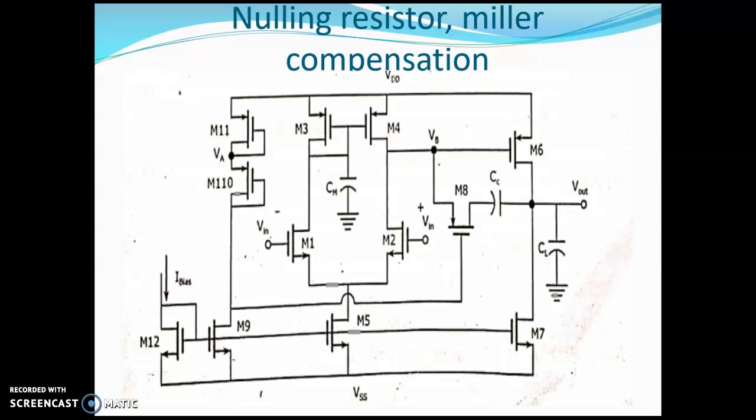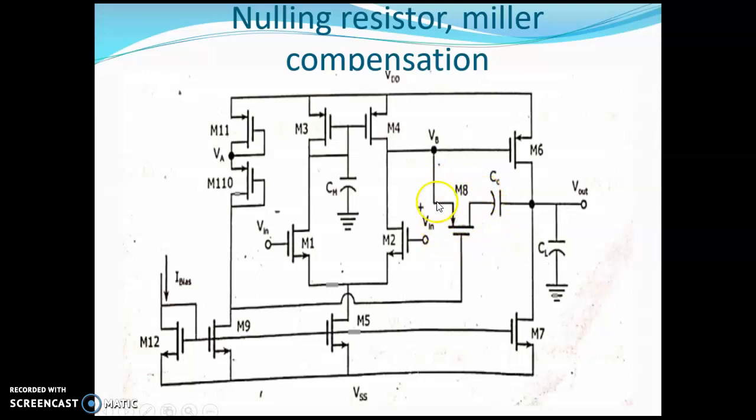So what we are seeing here, you can see the transistor M8. This transistor M8 is used as a resistor and it is controlled by a voltage Vc, which adjusts the resistor so that the proper value can be maintained.